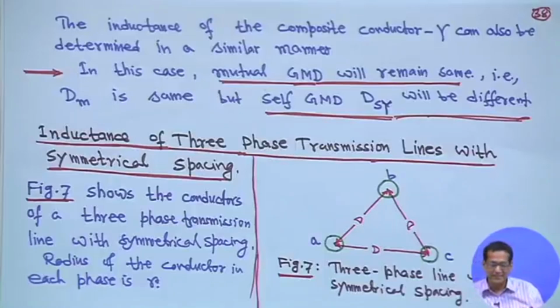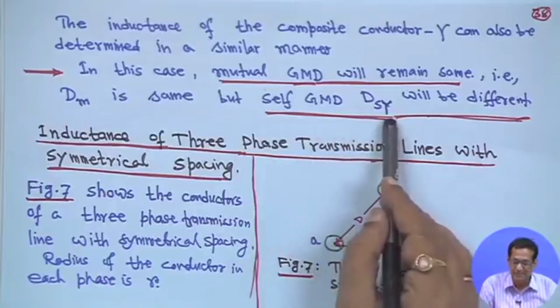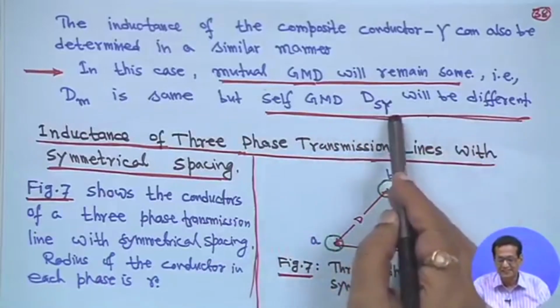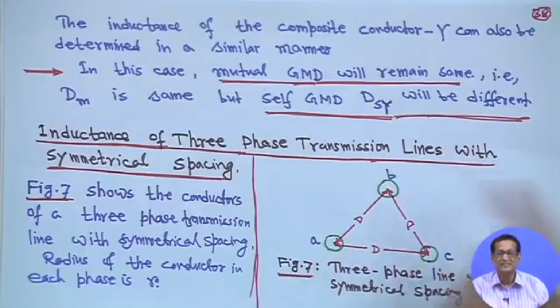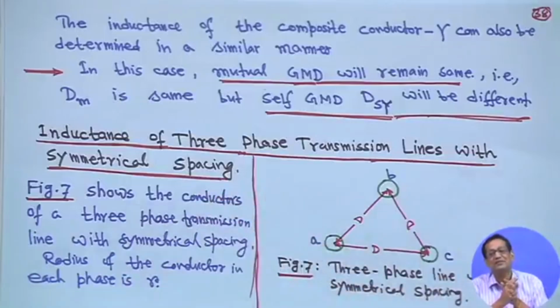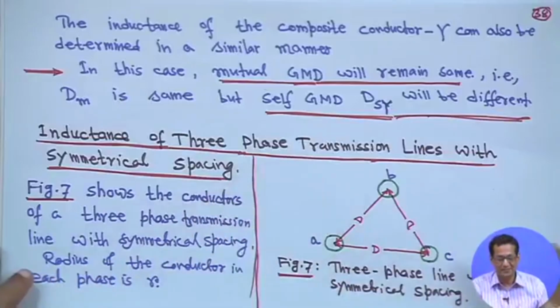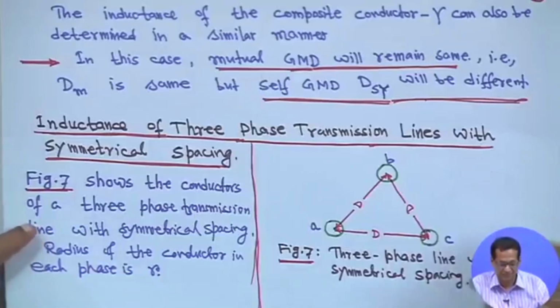So mutual GMD Dm will remain the same, but your self GMD DSy will be different. This DSy will be calculated the same as before. The way we have done it for group X, that composite conductor X, in a similar way you have to do it here for composite conductor Y. Not shown here, this is up to you, right.